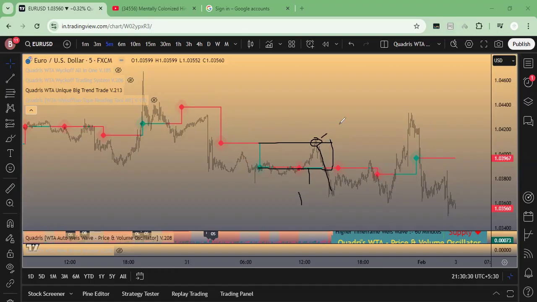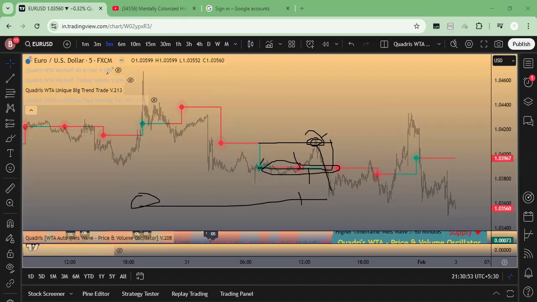So I was of the opinion, when these two diamonds printed, that now we are going sideways, irrespective of what is going to happen. It has to happen over here, or at any previous level if it is there in the past.